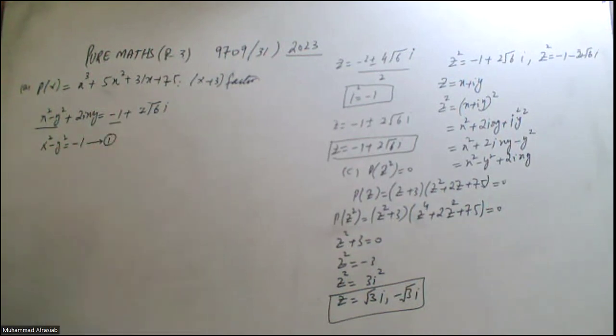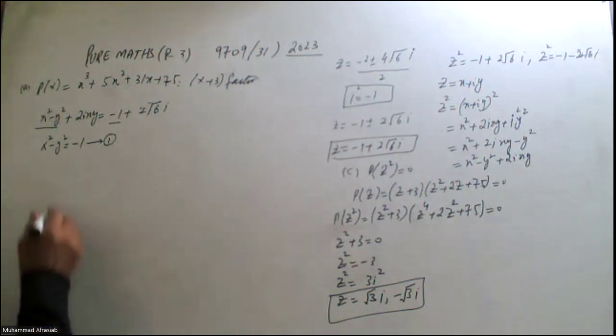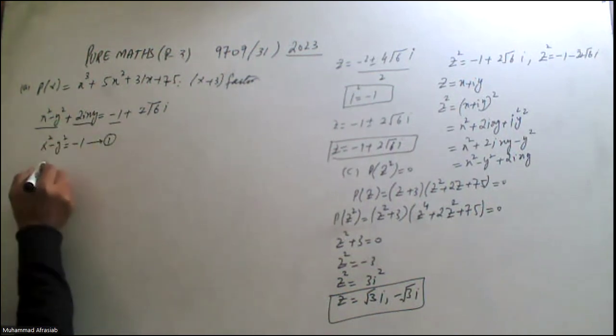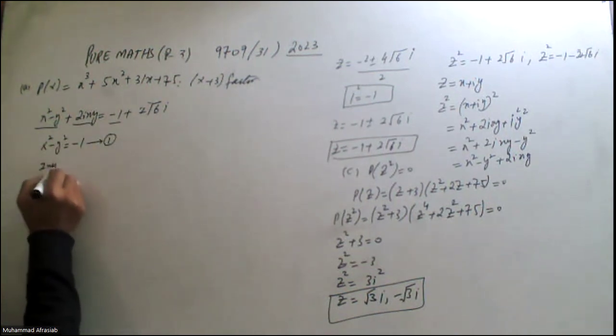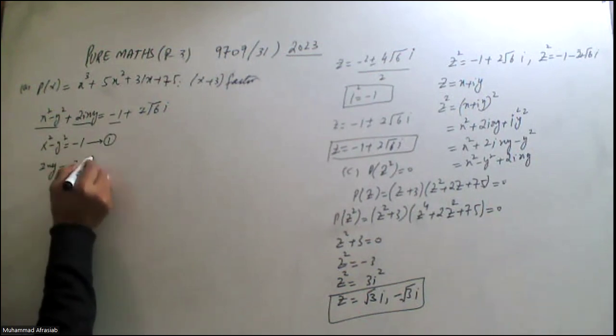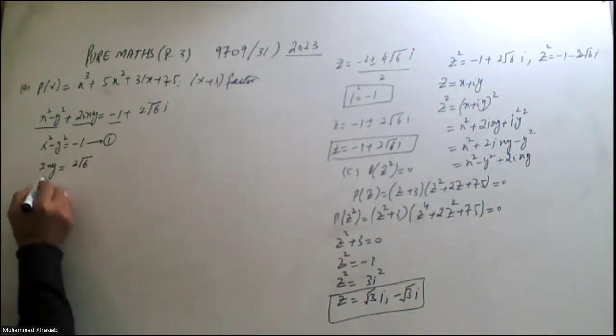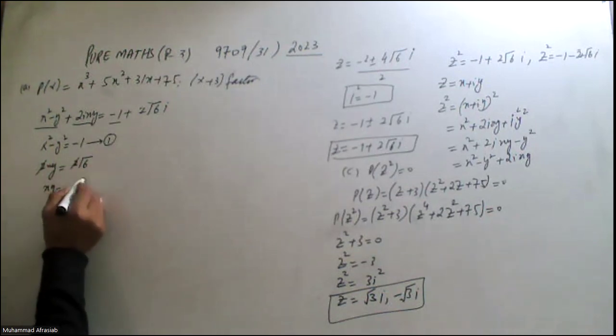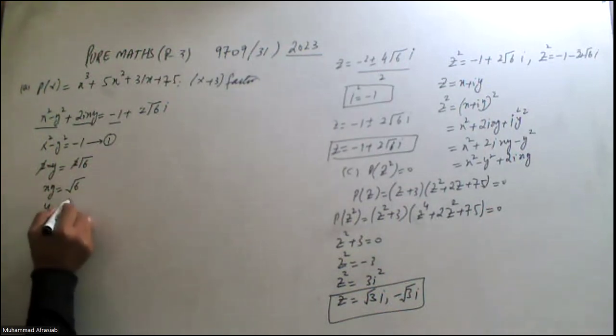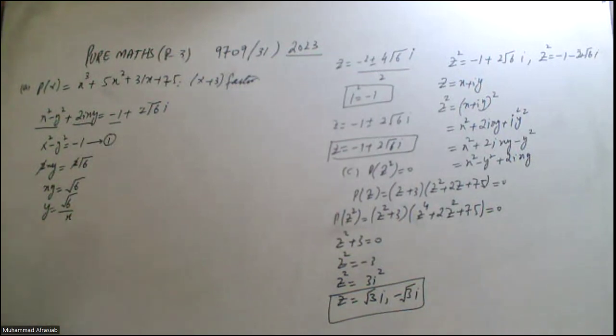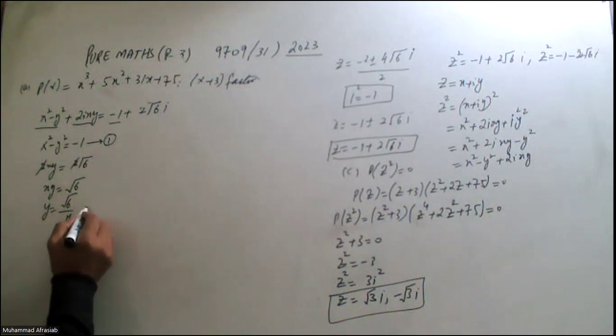Let's say it is equation number 1. And then the imaginary part, 2xy is equal to 2 root 6. So 2 and 2 cancel. So xy is equal to root 6, or y is equal to root 6 over x. Let's say that is equation number 2 there.